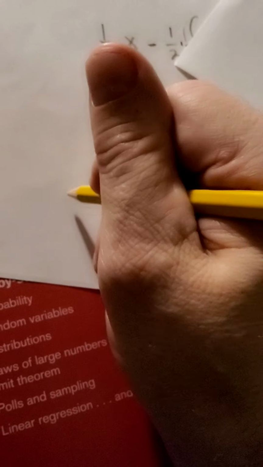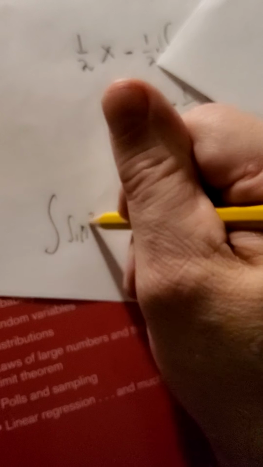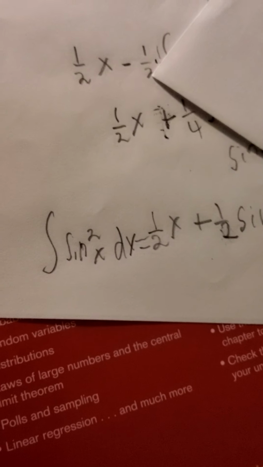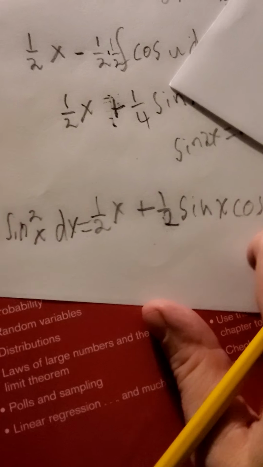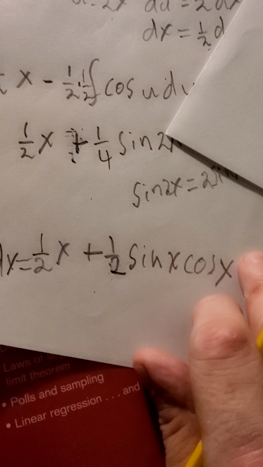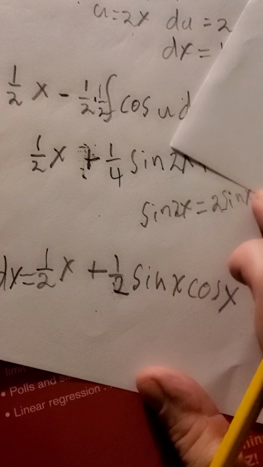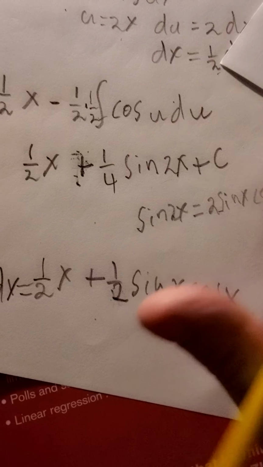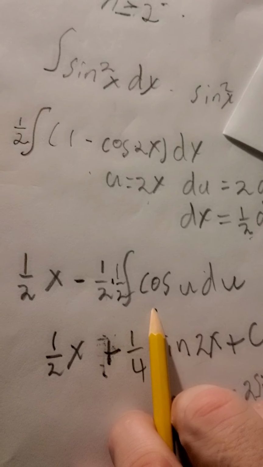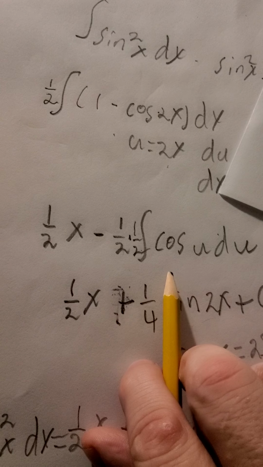So that's going to actually equal the integral of sine squared x dx equals that. Okay, now we use the reduction formula to find that. So if I found that the integral of sine squared x dx equals 1/2 x, integral of cosine, oh, that was supposed to be, yeah, that's right.